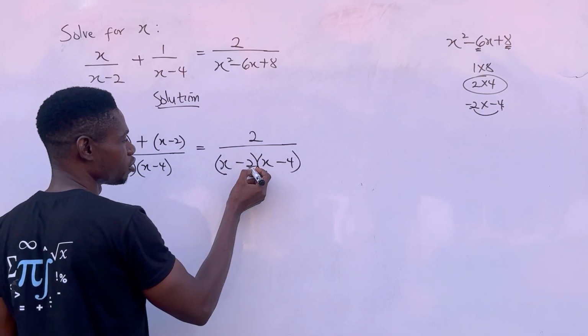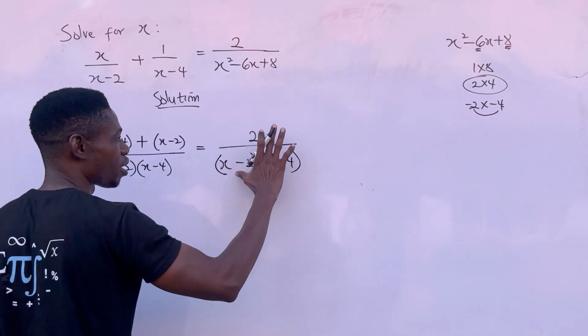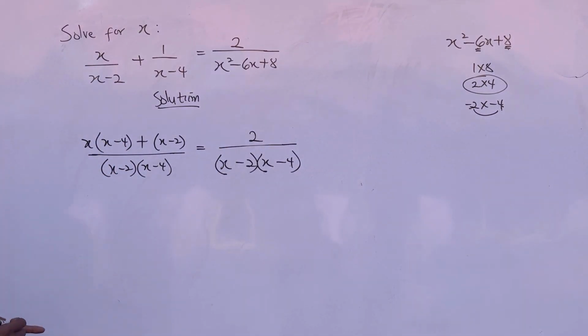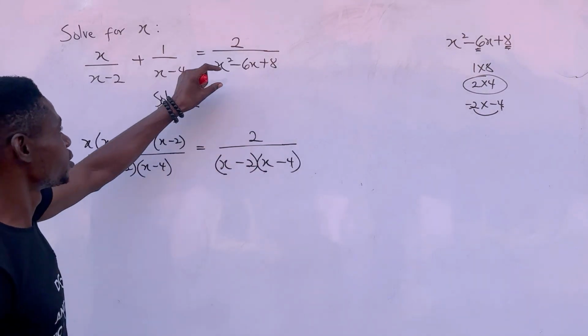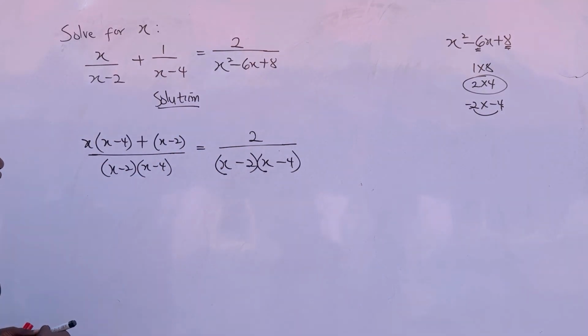But when we multiply minus 2 and minus 4, we'll get plus 8. So these are the perfect factors of this quadratic. So let's proceed.